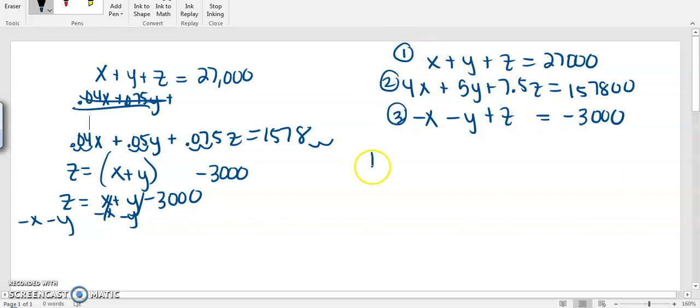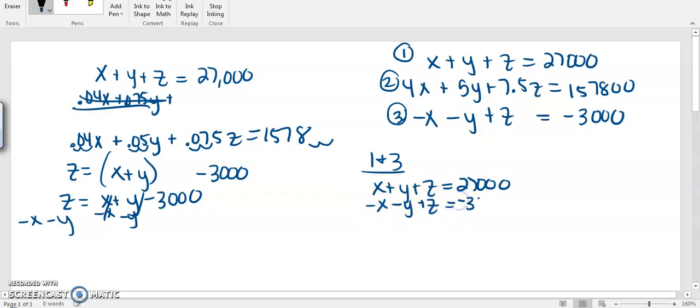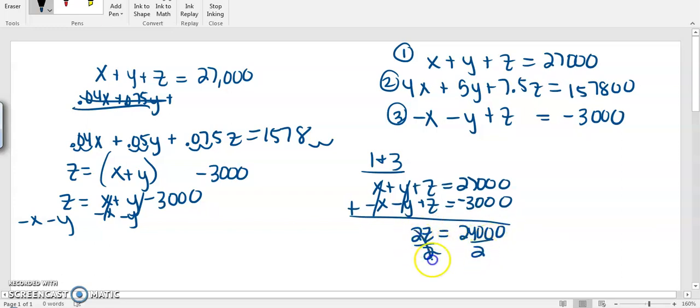So if I look at 1 and 3, I have x plus y plus z equals 27,000. And then negative x minus y plus z equals negative 3,000. And if you use the addition or elimination method and you add these up, these cancel out, and you get 2z equals 24,000. Divided by 2, you get z equals 12,000.